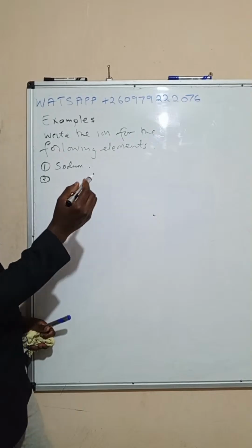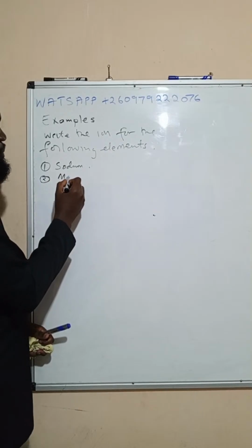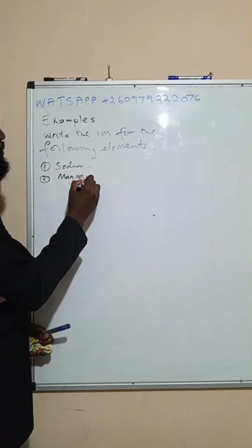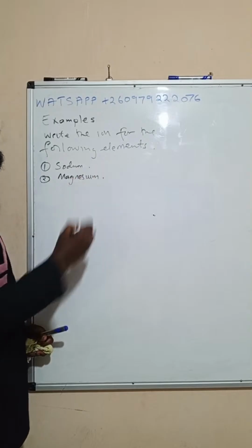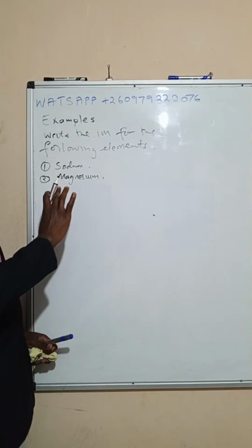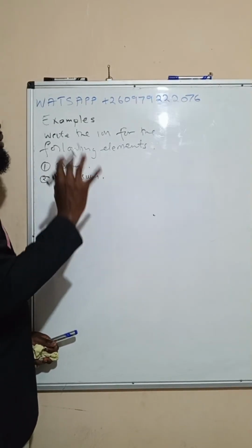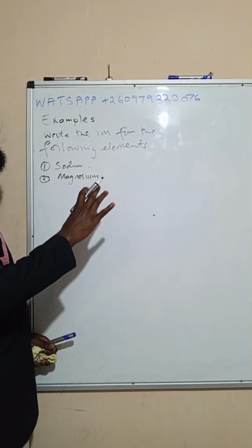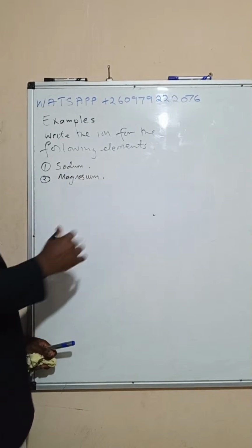I'm trying to find a simpler one. Let's pick magnesium. Those are the two. How do you write the ion for this? I'll show you two ways on how you can do it.